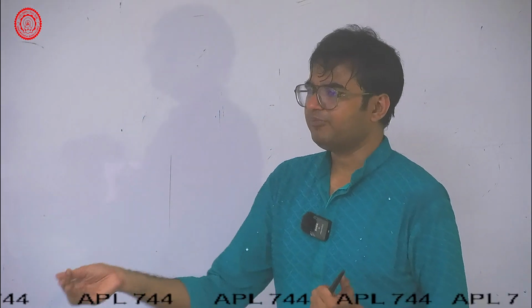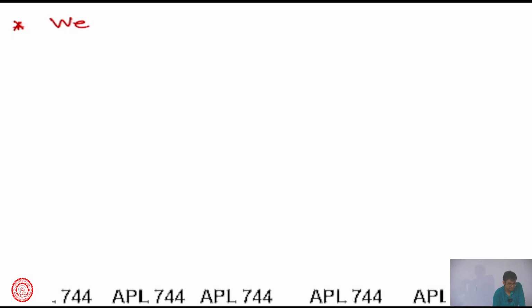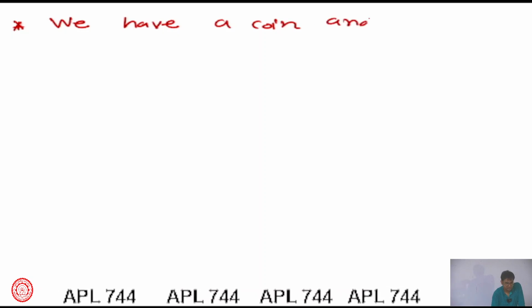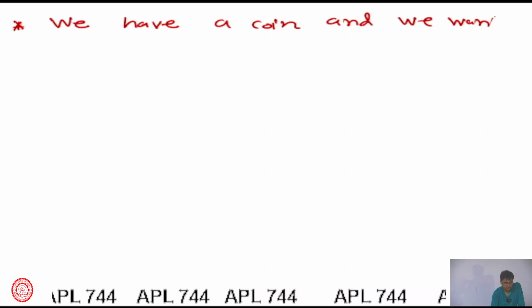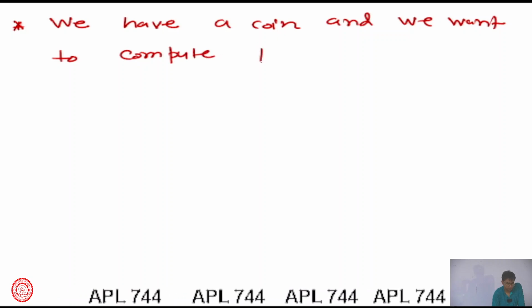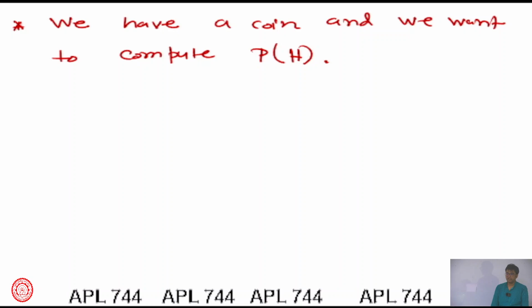So, what will I do? I will perform an experiment, right? I will toss the coin again and again and see what I am getting. Suppose I perform the experiment n number of times. So, I will have some data which is head, tail, tail, head, I do not know what we will get. So, we have a coin and we want to compute the probability of head.